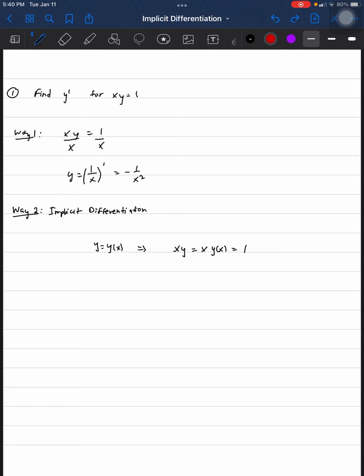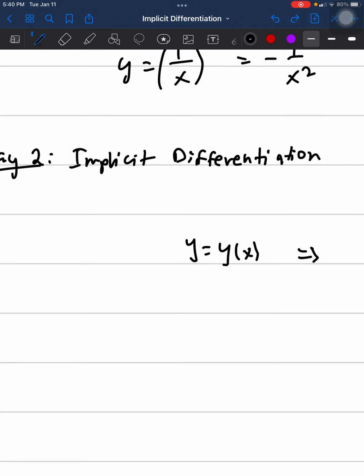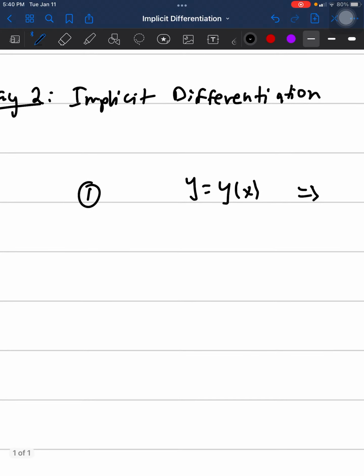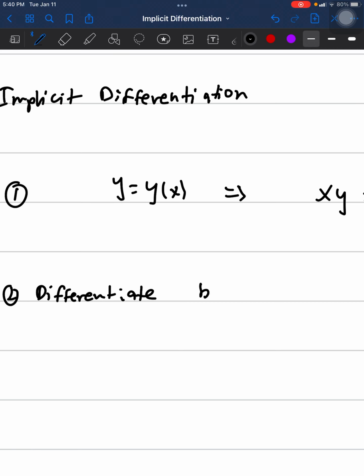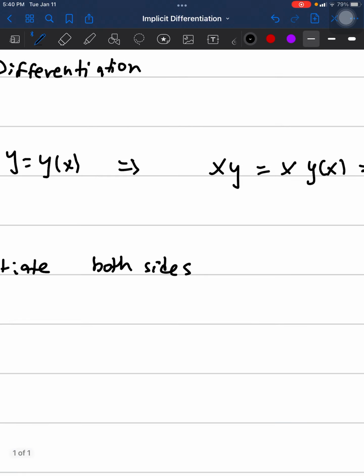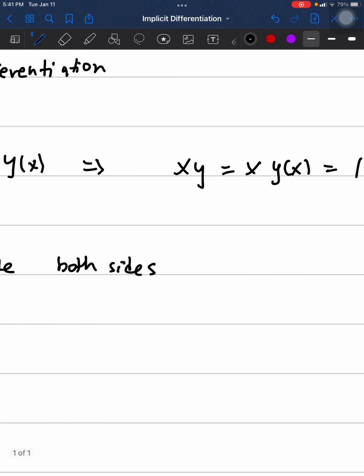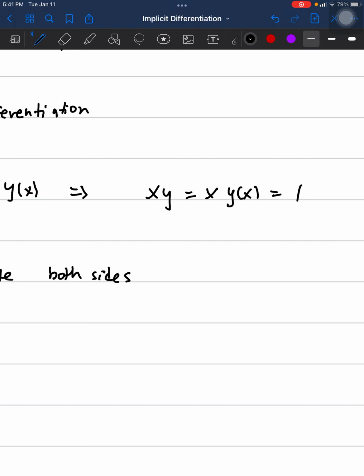Now, the second step of implicit differentiation is to take the derivative of both sides. So I'm going to label this step 1, step 2: differentiate both sides. When we differentiate, we're going to differentiate both sides with respect to x.